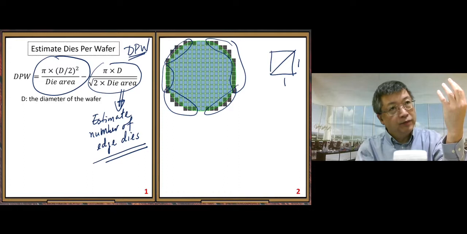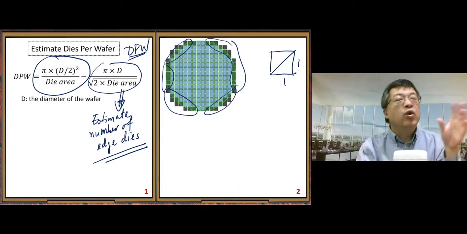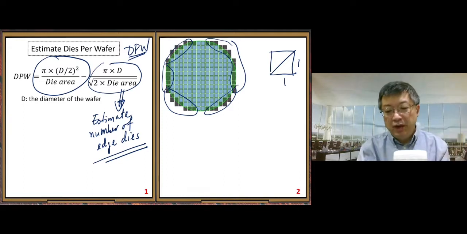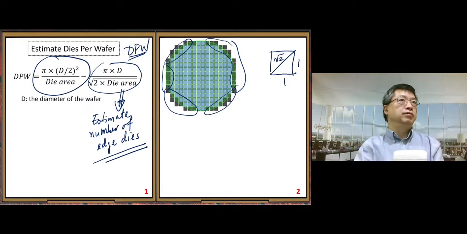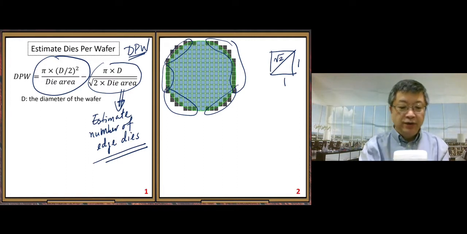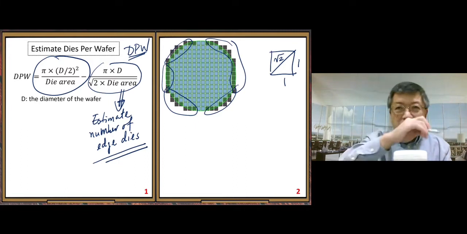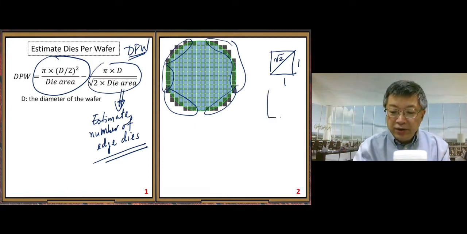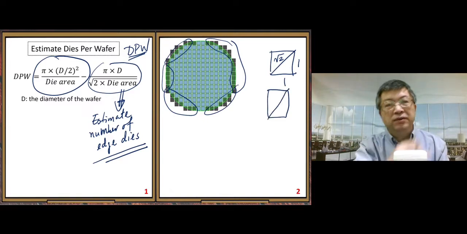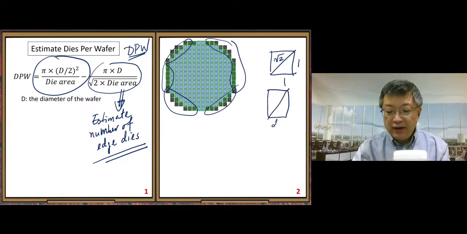Here we do an approximation: by the Pythagorean theorem, the diagonal is the square root of 2 times the die area, to estimate the real diagonal of the rectangular die.